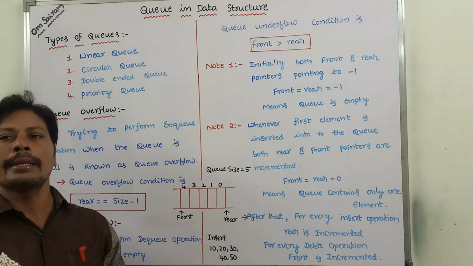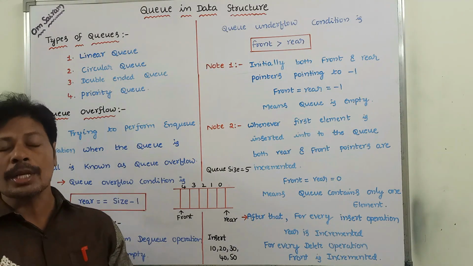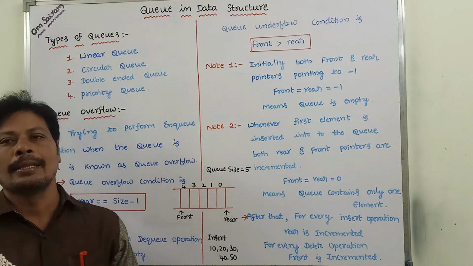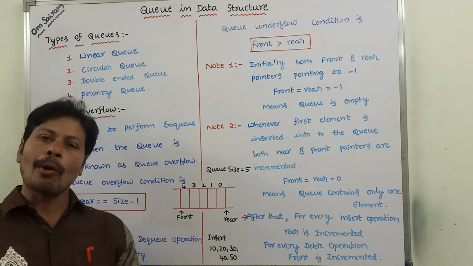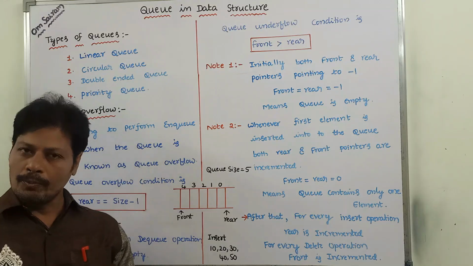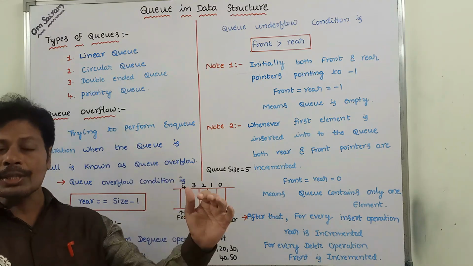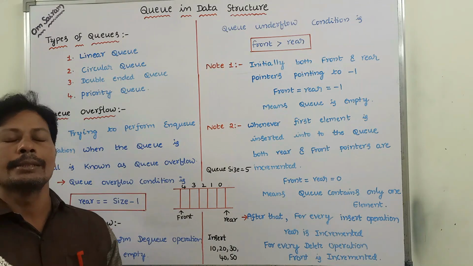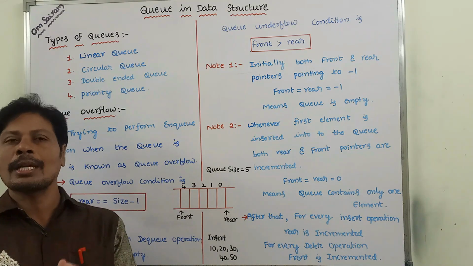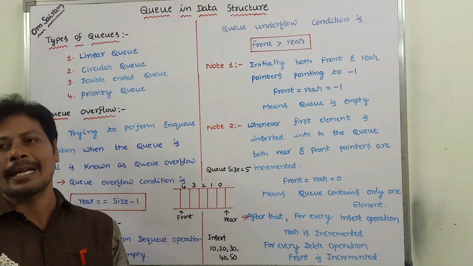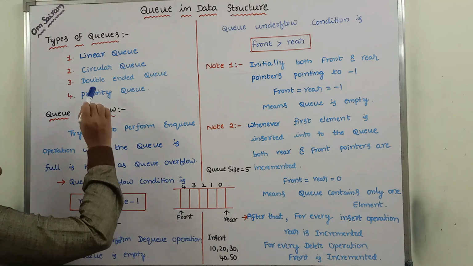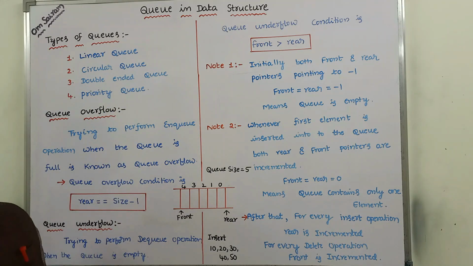In the double-ended queue, insertion and deletion operations can be done at one end, and also deletion and insertion operations can be done at the other end. That means both insertion and deletion operations can be done at both ends. Hence we can call that type of queue a double-ended queue.